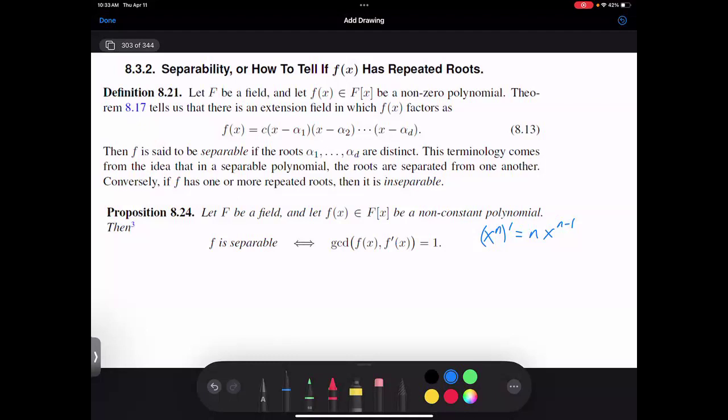If I wanted to look at a function directly, that could be very painful. If I give you, let's say, f of x is some constant c times (x minus alpha) squared times g of x, then f prime of x, if we do a little bit of work, is going to be c times 2(x minus alpha) g of x plus c(x minus alpha) squared g prime of x.